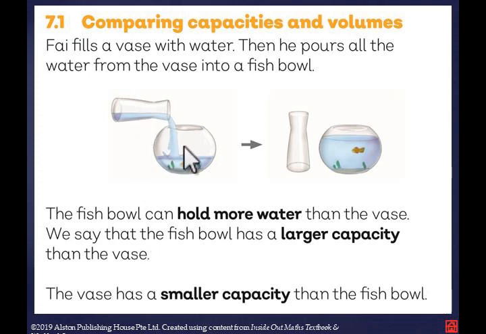These are the vase and the bowl. The vase has a smaller capacity than the fishbowl, which means the fishbowl has a larger capacity.